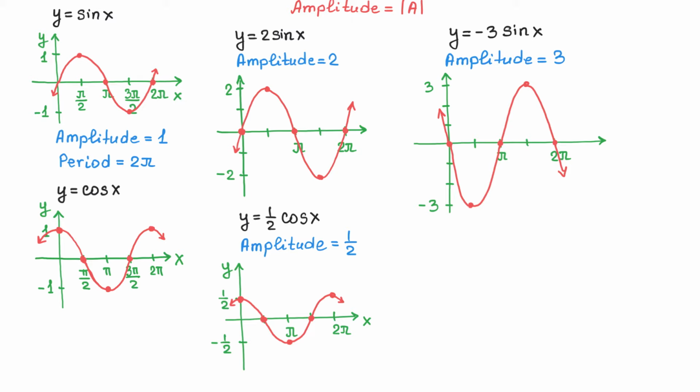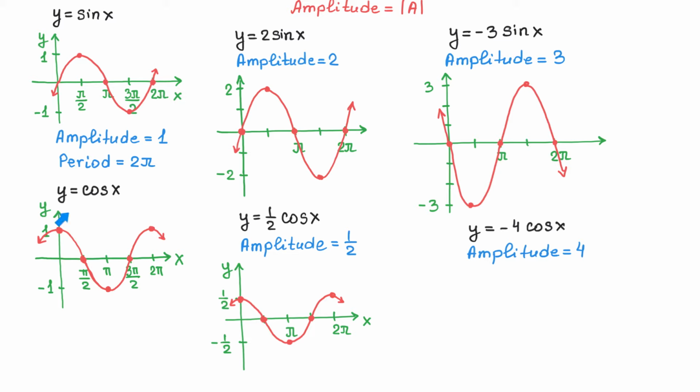Now let's see one more example, and this will be y equals -4 cosine of x. The amplitude of this function will be positive 4 because the amplitude is always represented by a positive number. However, because of this negative, the function will be reflected about the x-axis.